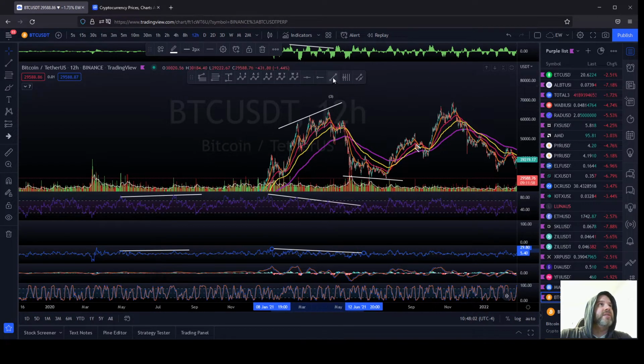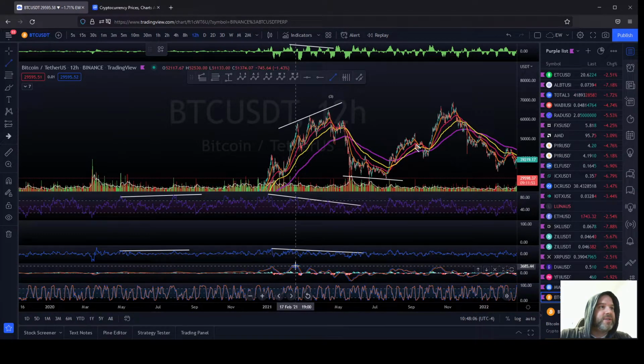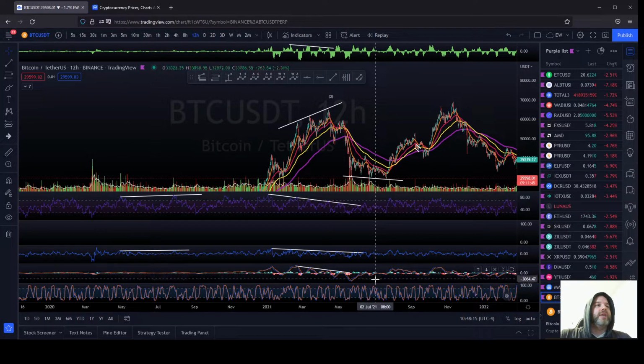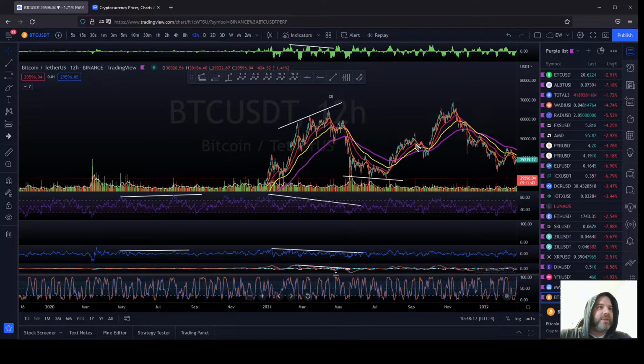So let's add our line. This one maybe does not go down, so let's start it here, like so, and it stays under the 0 line for a while, you know. And stochastics, let's just zoom it out a bit.